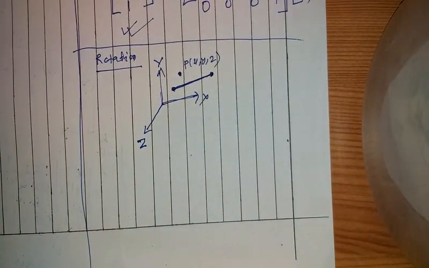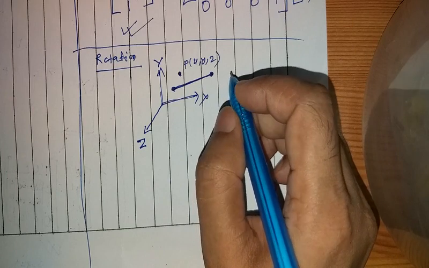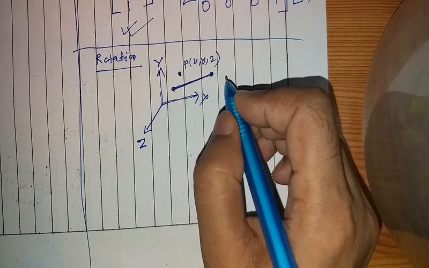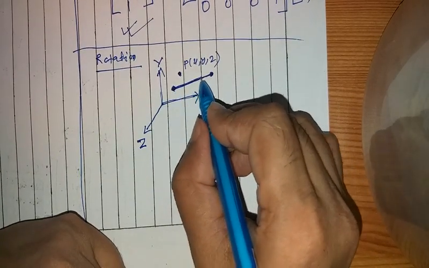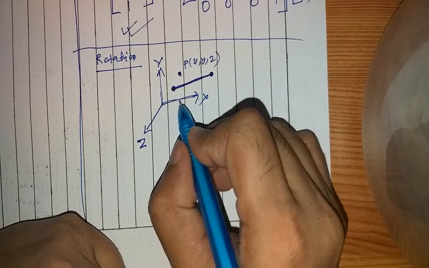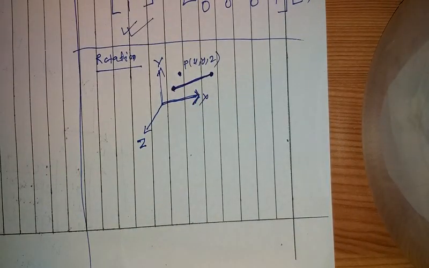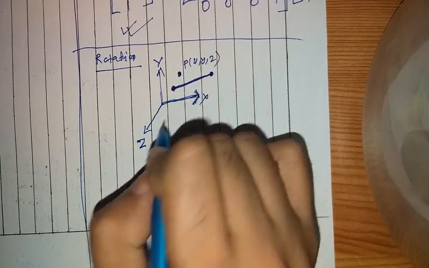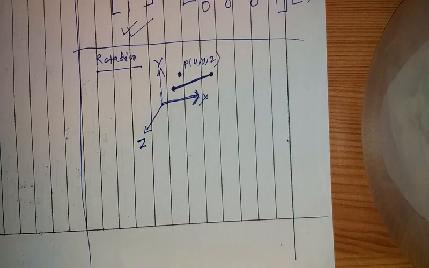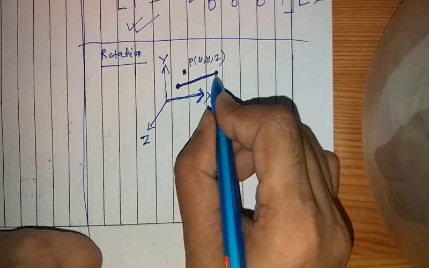This comes in terms of composite transformation, as it has several other transformations in the process. First you have to make this straight line parallel to an axis, so that the rotation will be much easier about the axis, as you know the equation. Then you have to shift it back to its original position. This is one way.